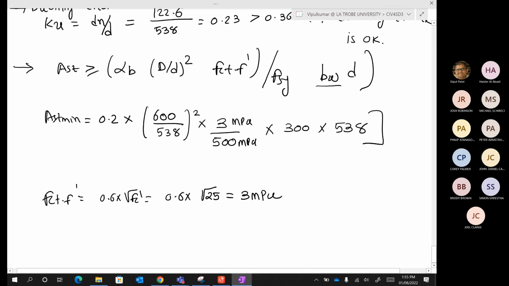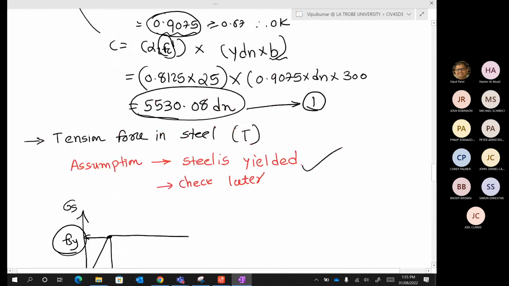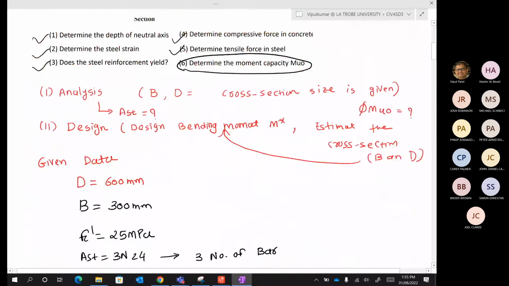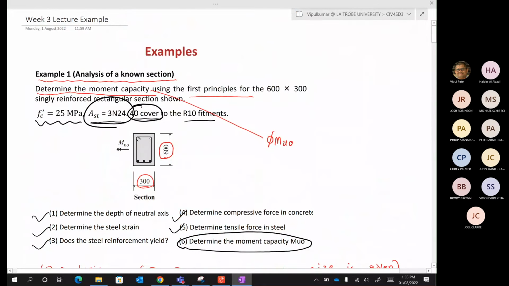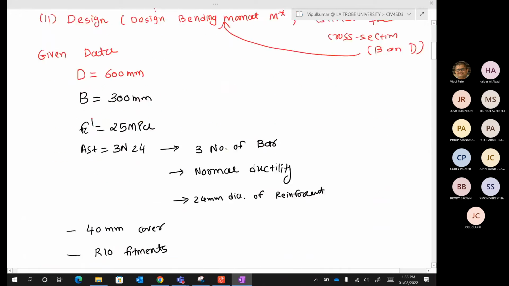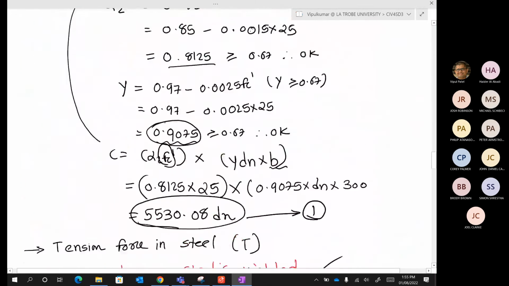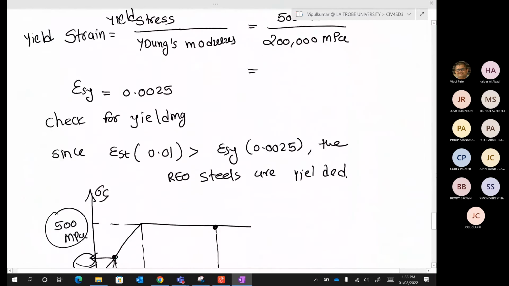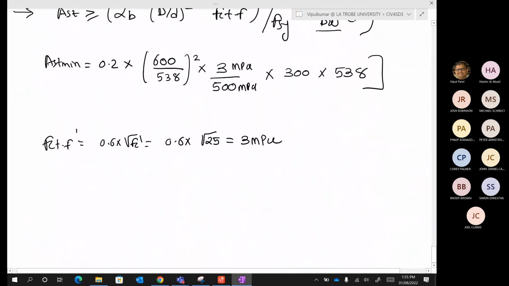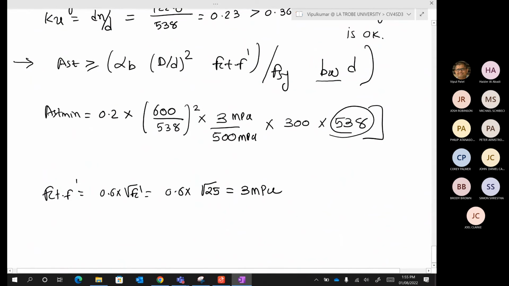Let me show you one by one. 500 we have done, bw 300 is given in our examples. This is 300, and d is 538 millimeters. If you just use your calculator, you will get 241 millimeters squared.